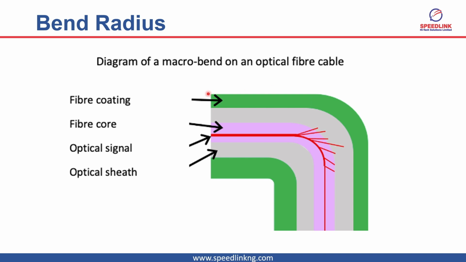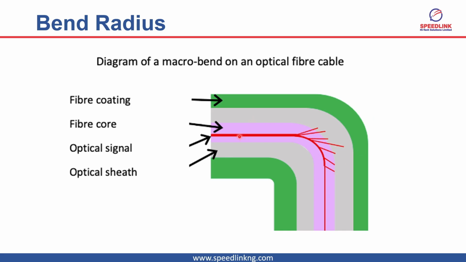If you measure from this point to this point, that's the outer diameter of the cable. So if this outer diameter is 5 cm, the bend radius should be 5 times 20, which will be 100. For the fact that this cable was bent below that, you now have a macro bend. Because as the light is coming, because of that sharp turn, some of it is trying to reflect, but the angle is not working for them again. So they are being lost at that point.